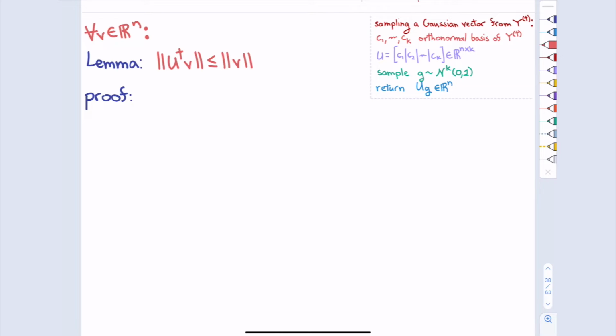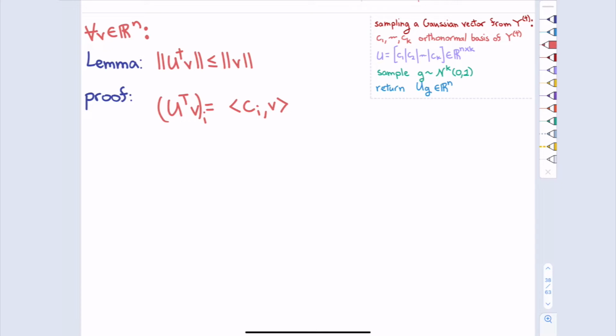So we can work it out mechanically. What u transpose of v would do is produce the ith coordinate, which is going to be the dot product of the ith column of u. So the columns of u become rows.